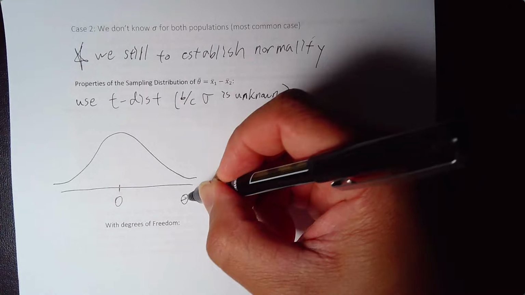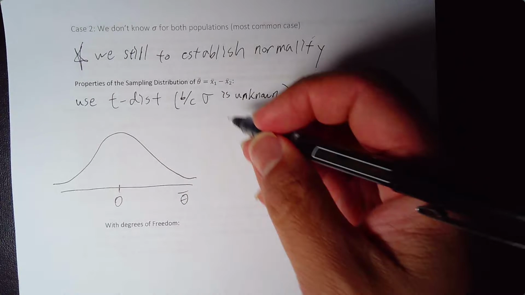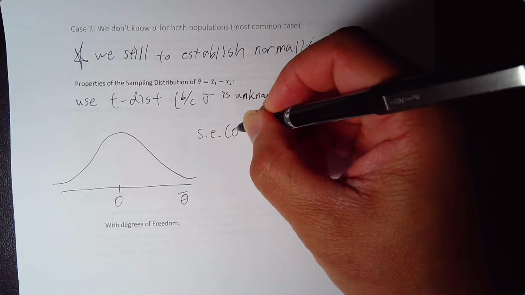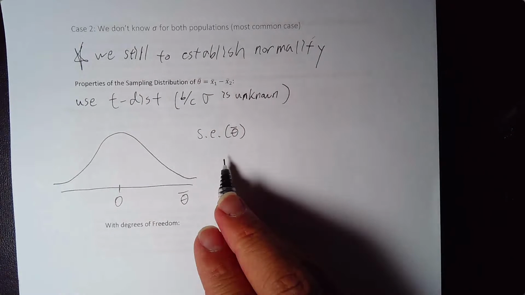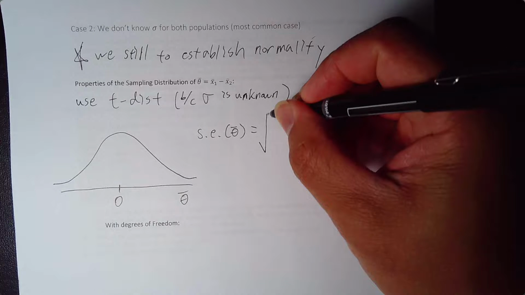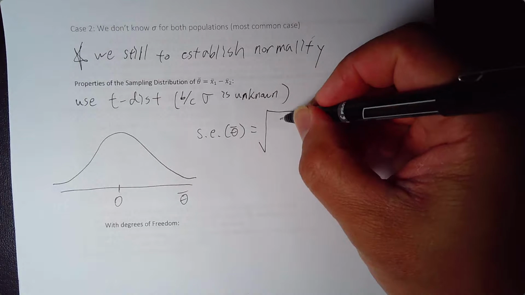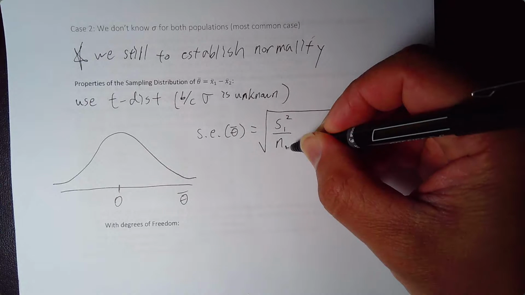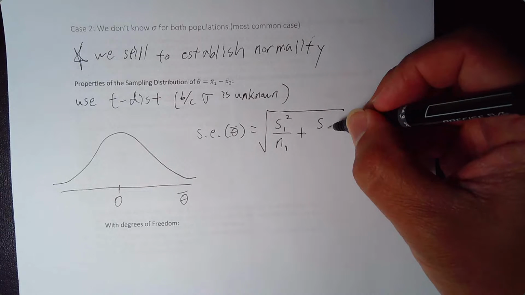The only difference here is the way we calculate, or actually, for this case, the way we calculate the standard error is the same. Instead, the only difference is we're using the sample variance or the sample standard deviation to approximate sigma.